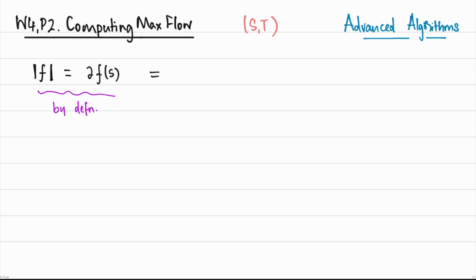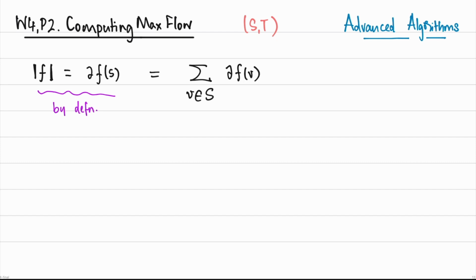So let me add here the terms del f of v for all v in S. So in particular, let's look at the sum over v in S of del f(v).